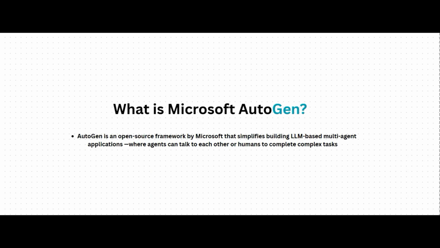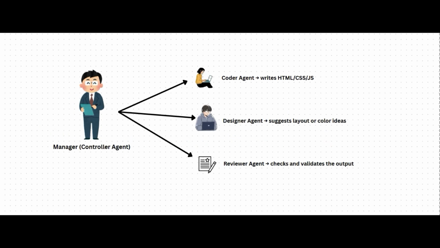Alright, before we jump into the demo, let's first understand what Microsoft AutoGen actually is. In simple terms, AutoGen is an open source framework developed by Microsoft that makes it super easy to build LLM based multi-agent applications where multiple AI agents can talk to each other and even to humans to solve complex tasks collaboratively. Let's understand this with a very simple example. Imagine AutoGen is a manager in a company.